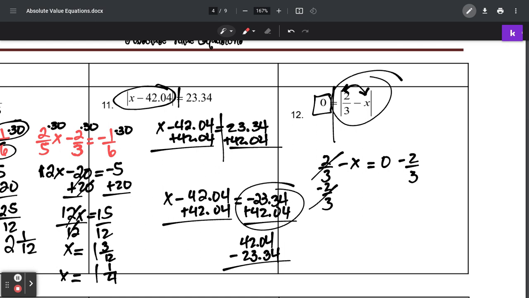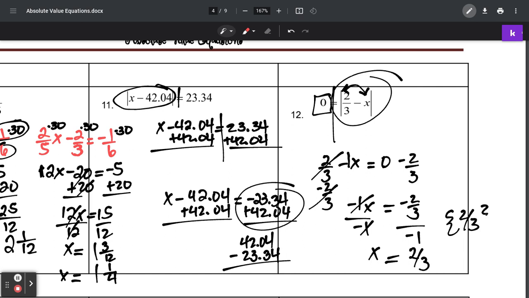These will cancel. But that's an imaginary -1. And 0 minus 2/3 is -2/3. Basically, I divide both sides by -1, but I know a negative divided by a negative gives me a positive. So there's only one solution on these, okay?